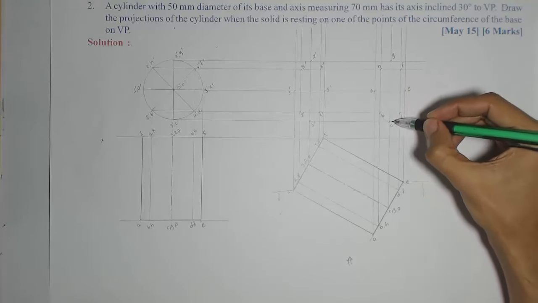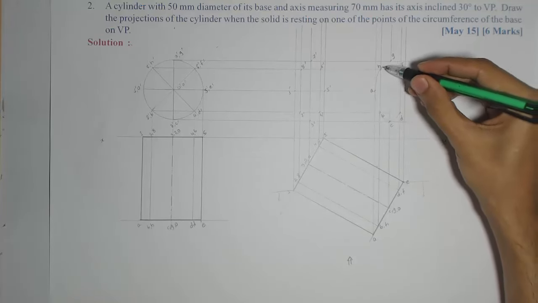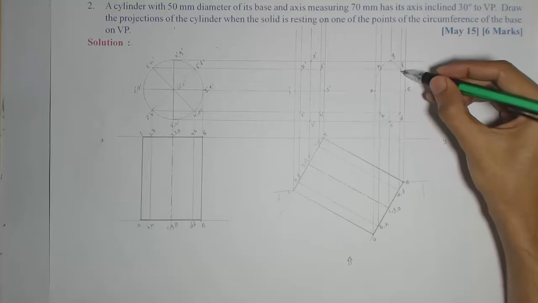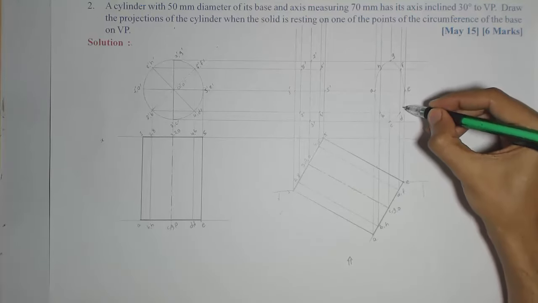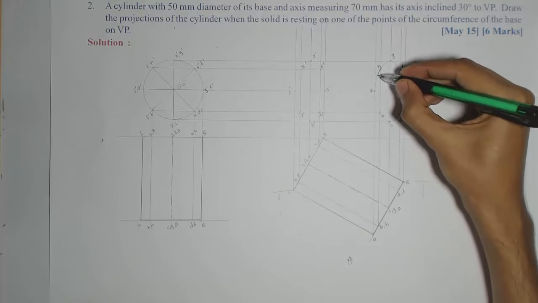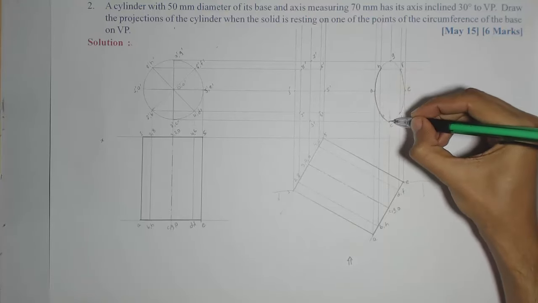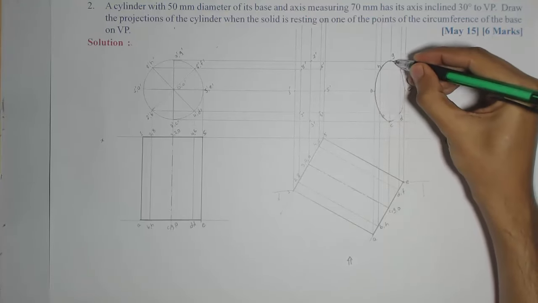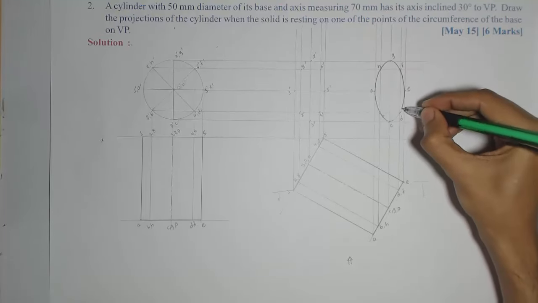I'll just join by light lines initially. You can use French curve, but if your freehand is good, then you can join freehand. Now after joining, you can make it dark, because this base is entirely visible to the observer.